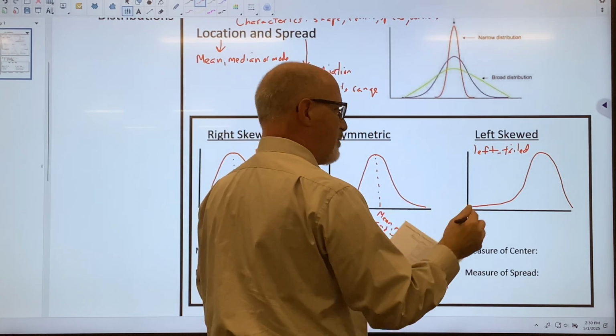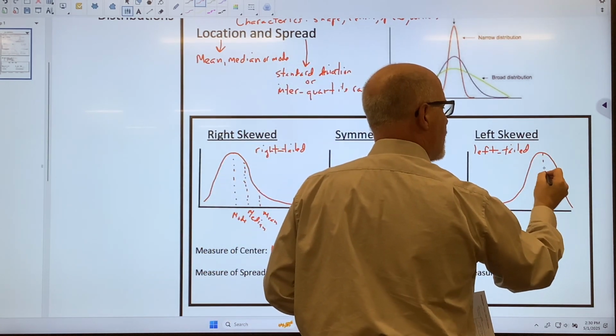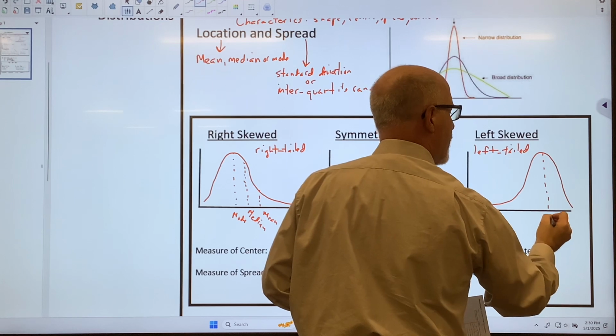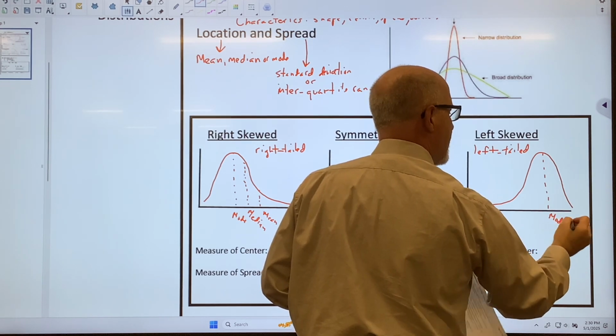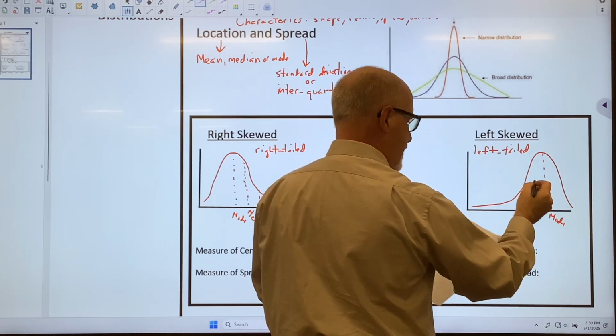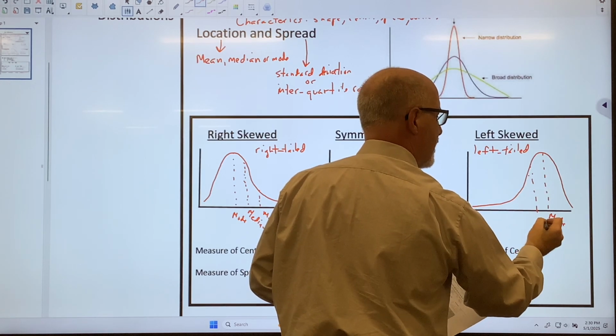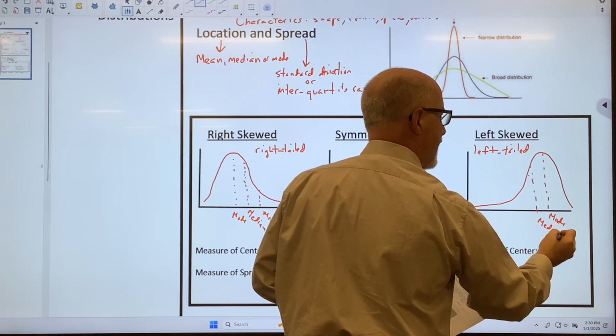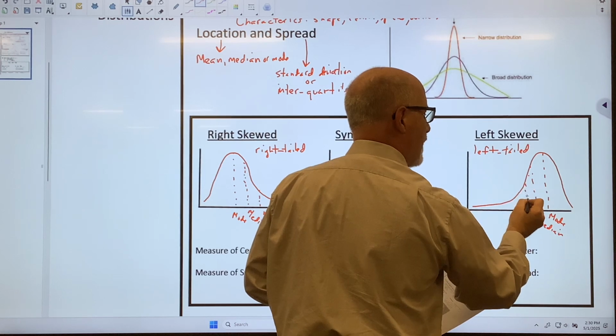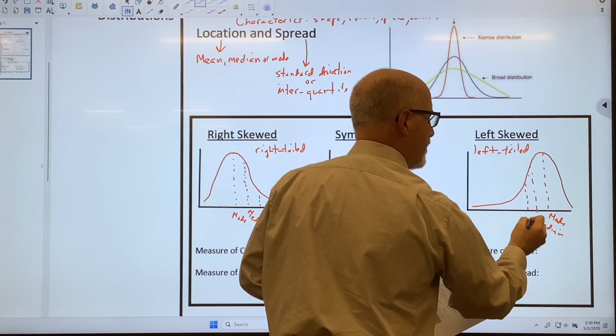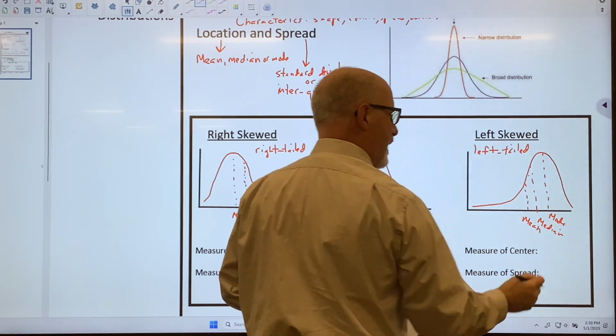And so for the same thing here, this is going to be the mode, the most, the highest point on the graph. And then we're going to have the median pulled over to the side toward the left side. And then the mean gets pulled quite a bit because of these outliers on the side.